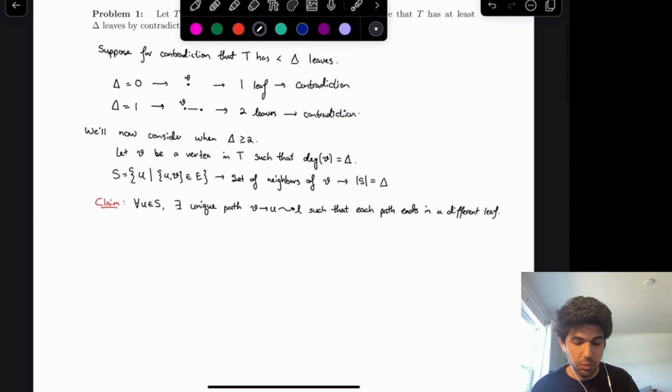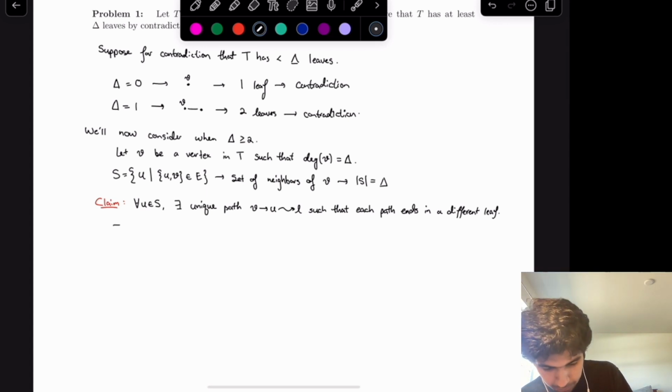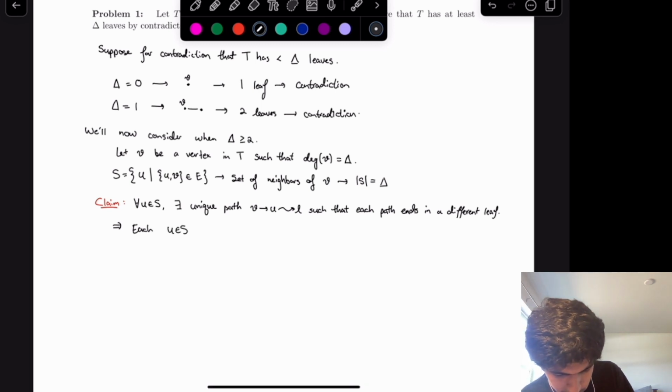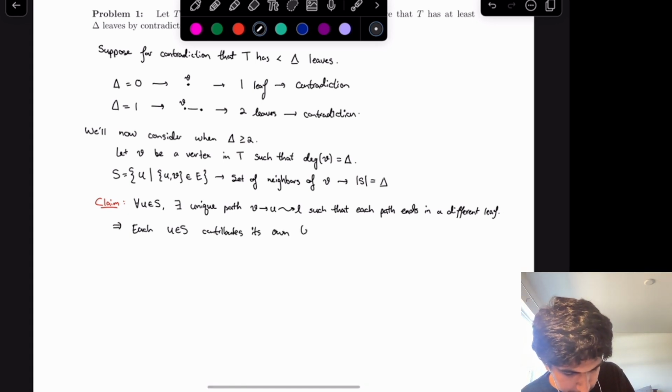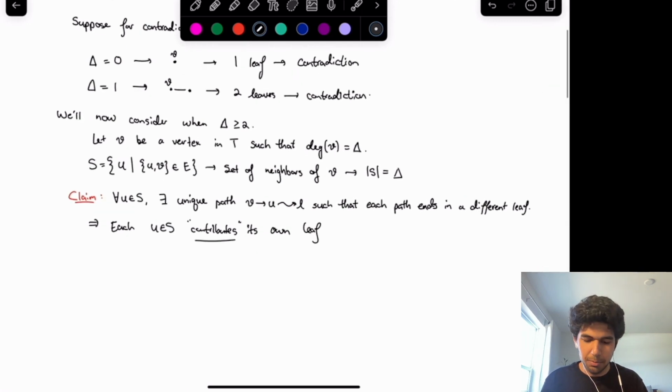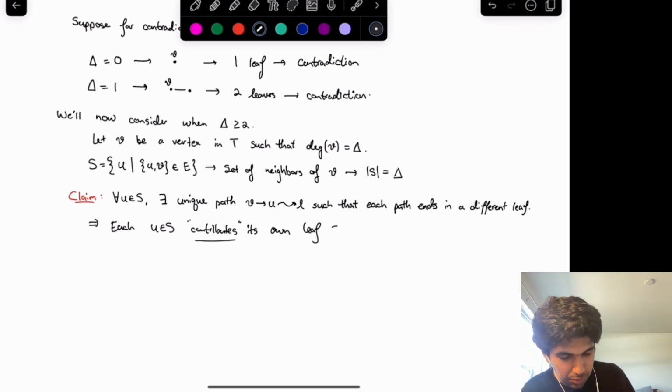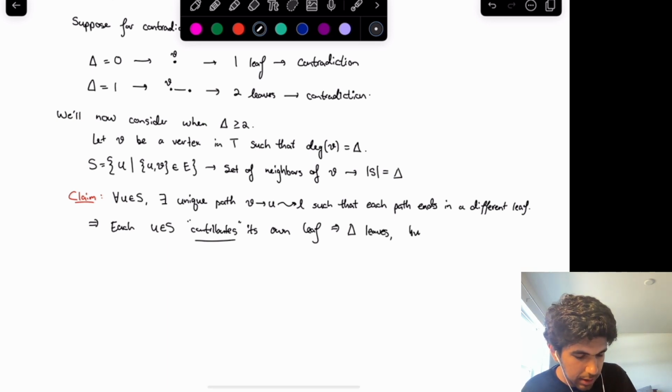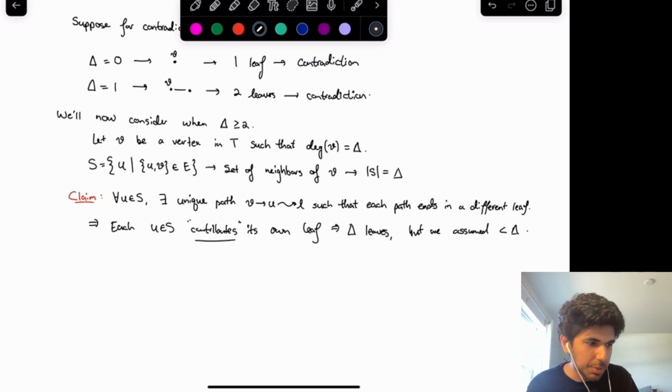One way of concluding this is that each element U in S contributes its own leaf to the tree, and the word contributes is used very loosely here, because the leaves already exist, so to speak. But since each path that starts from V and goes to U ends in its own leaf, this would tell us that we have delta leaves, but we assumed fewer than delta, so that would be a contradiction.